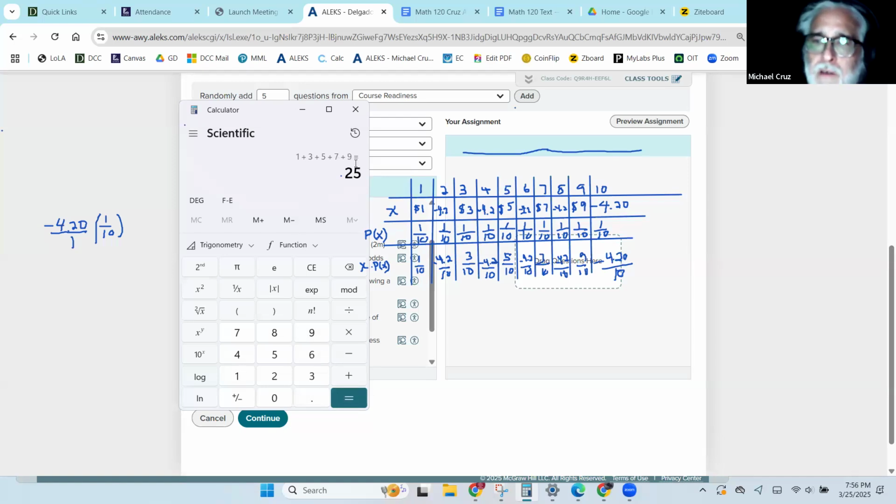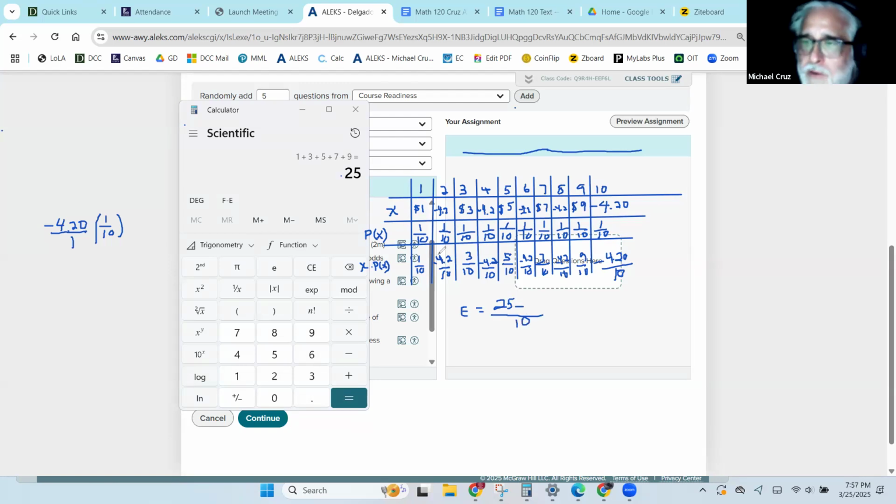And that's our 5 positive numbers. So the expected value is going to be 25 over 10. Just put everything over 10.